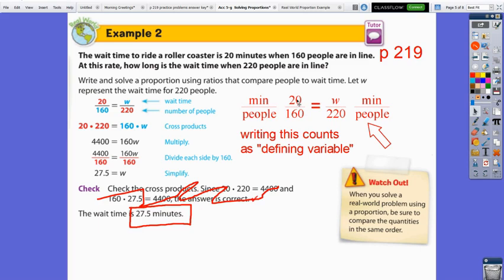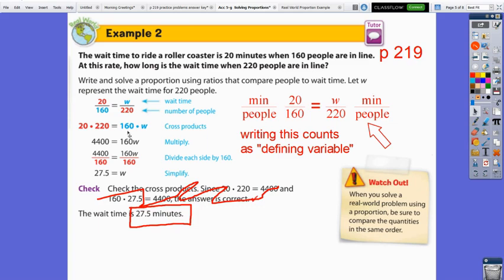So it's 20 minutes over 160 people, and on the right side, I don't know how many minutes, so I'll use variable W over 220 people. The most common mistake is to have these flipped on one side, and then you'll get a wrong answer. You could just as easily write people over minutes equals people over minutes, but you have to make sure that they match up on both sides of the proportion.